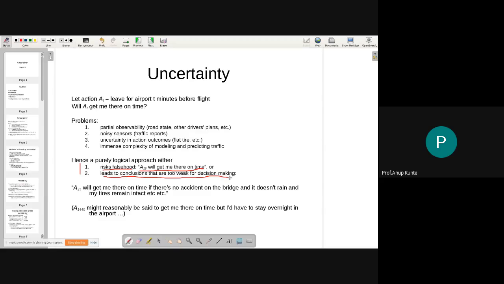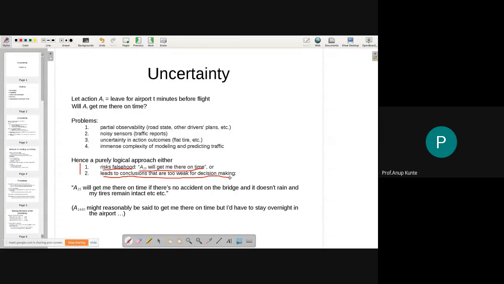So if you do not compensate for this likelihood of being false or true, the decisions that you are making may be too weak, so that they can easily fail when tested in the real application. That means I have taken a decision, but when I apply it in a real situation, it will not give me the desired result. That is referred to as a weak decision.